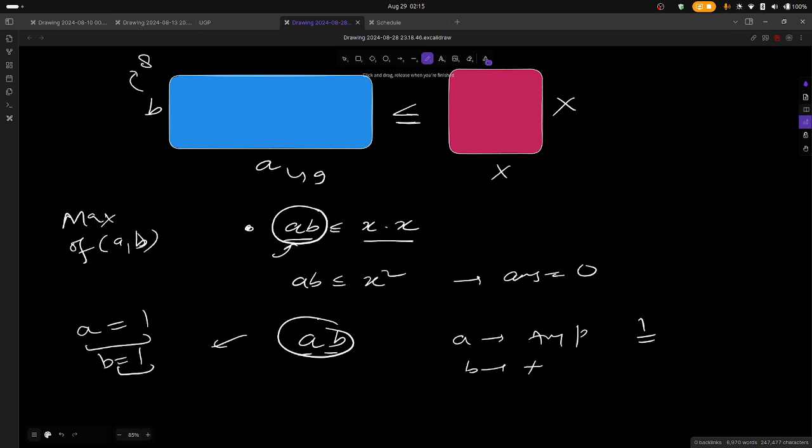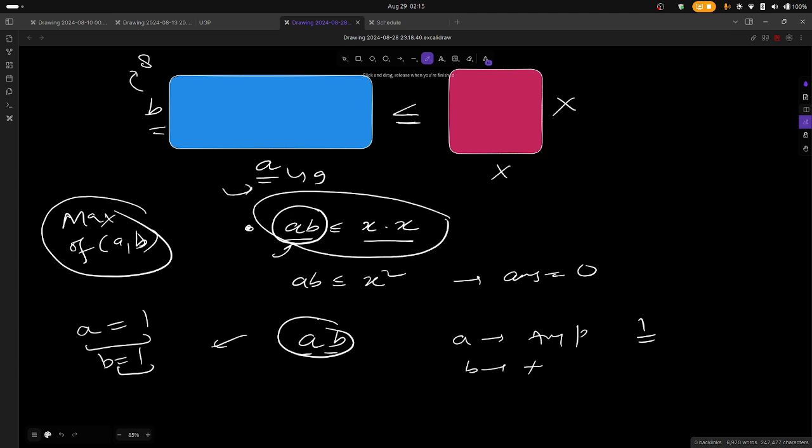So if A is greater than B, we'll first make A into 1 and check if this condition holds true. If that's the case, our answer is 1. And if B is greater than A, we'll convert B into 1 and check if this condition is true. If that's the case, then our answer will be 1.